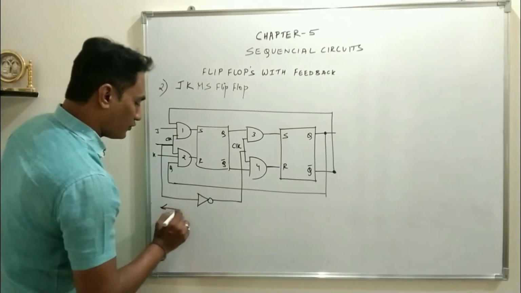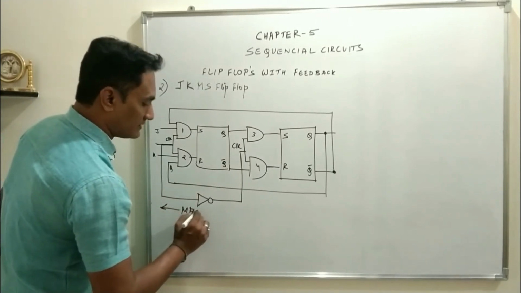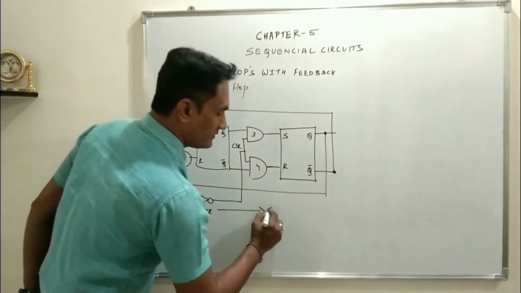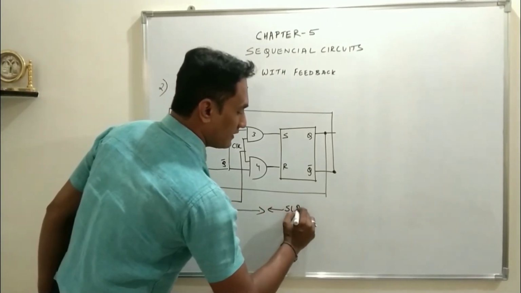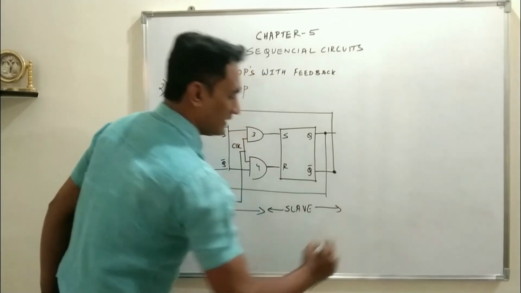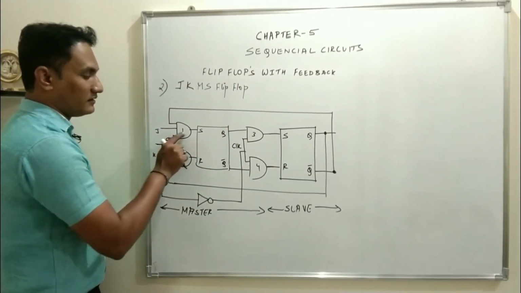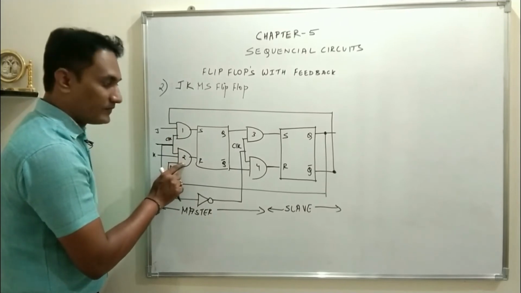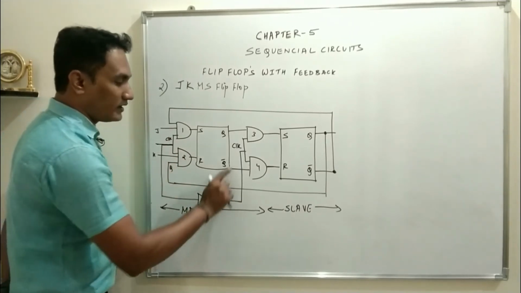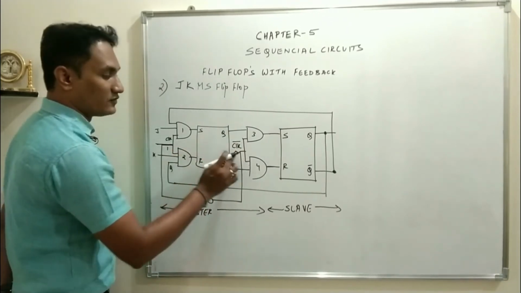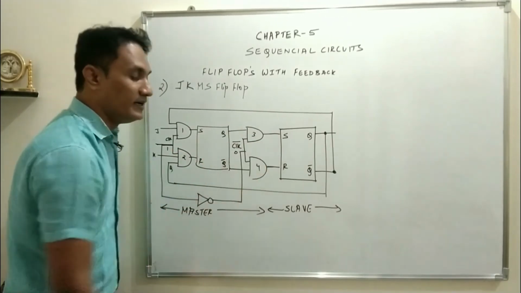This entire portion is called master. This is the first stage, and the second stage is called slave. Now because of this NOT gate, when clock is 1, these two AND gates will be activated, but when clock is 1, through the NOT gate, CLK bar will be 0. This is 1, this will be 0, so 3 and 4 will be deactivated.